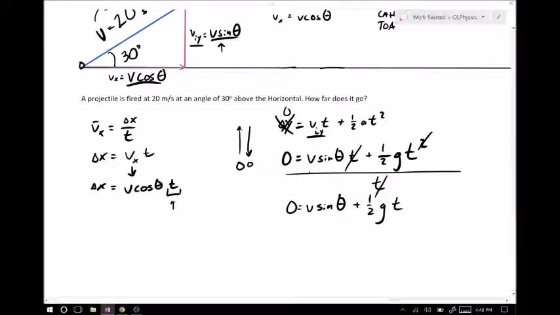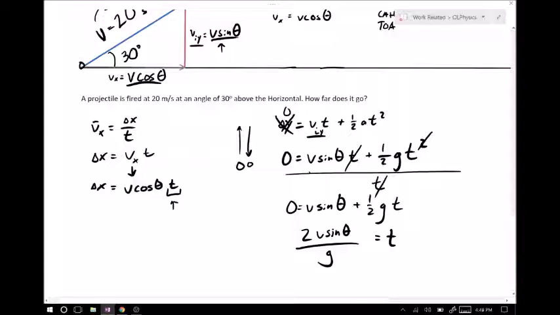Now, I've been looking for t the whole time, so I can solve for t. Doing the algebra really quickly, t just equals 2v sine theta over g. That is equal to our time.